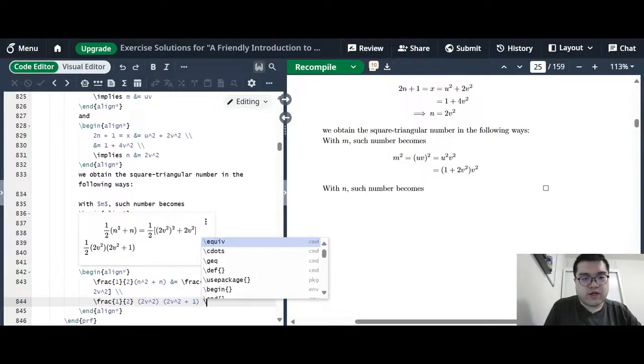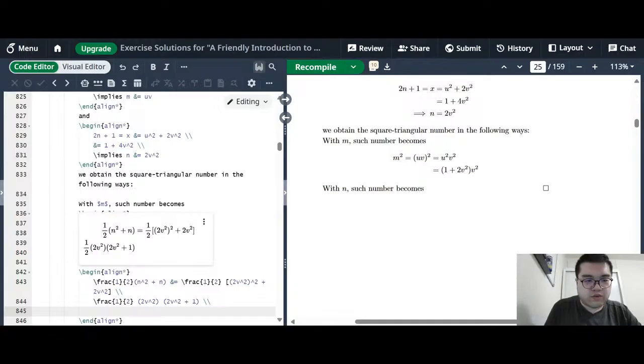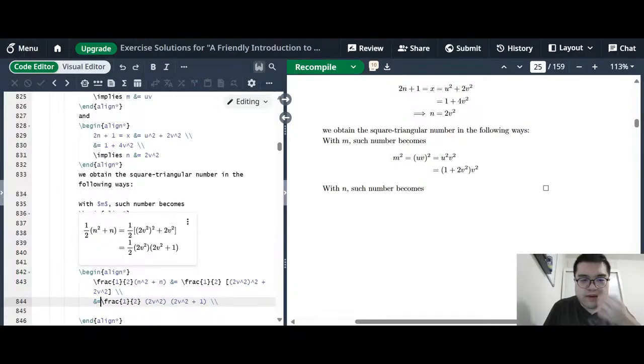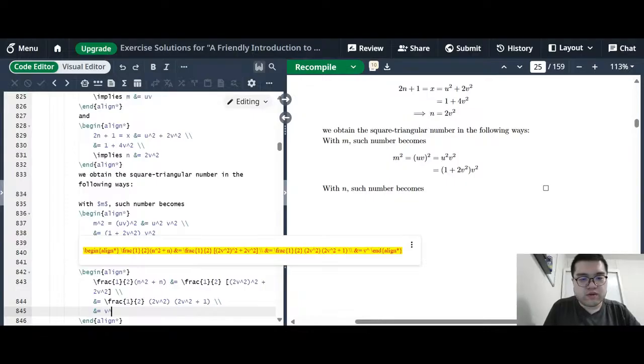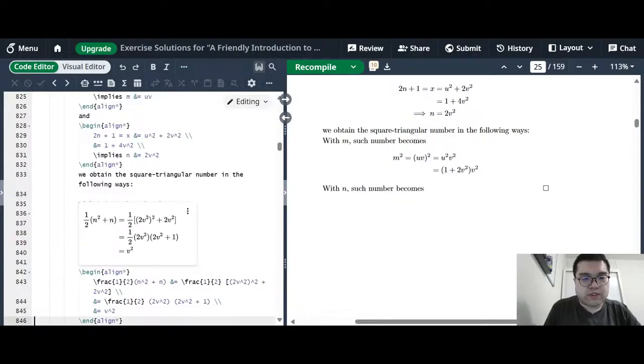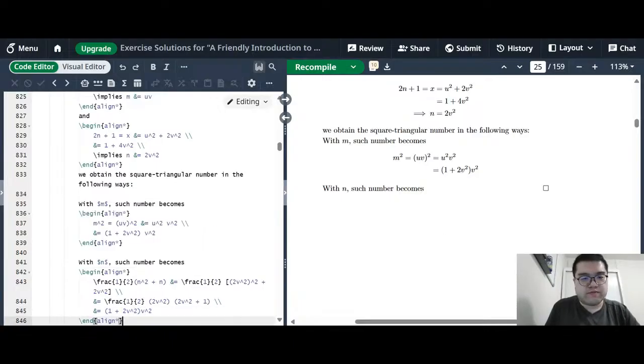Of course, we can cancel the 2 from the 2v squared with the 2 in the denominator to end up with just v squared times 2v squared plus 1, which again we can rearrange as 1 plus 2v squared times v squared.